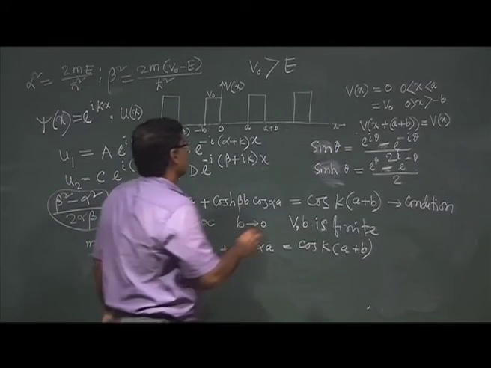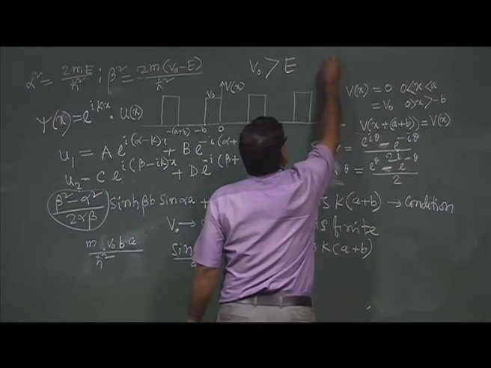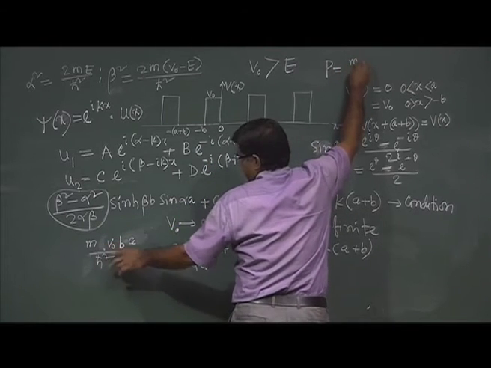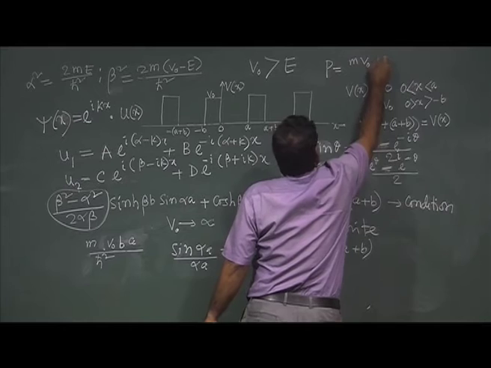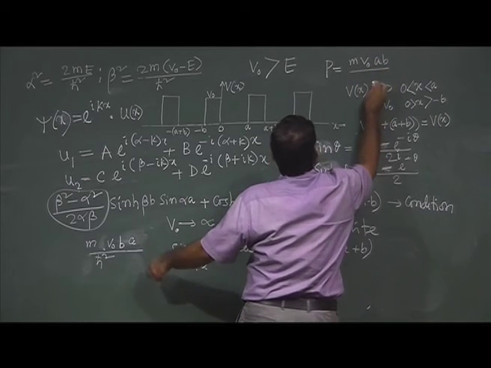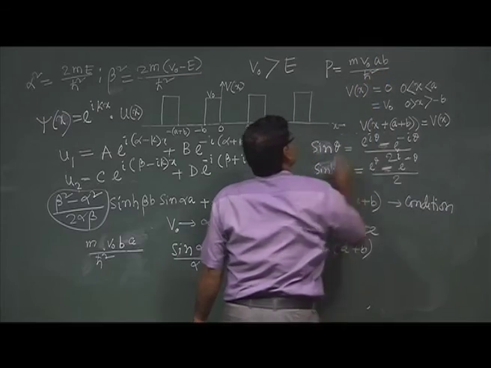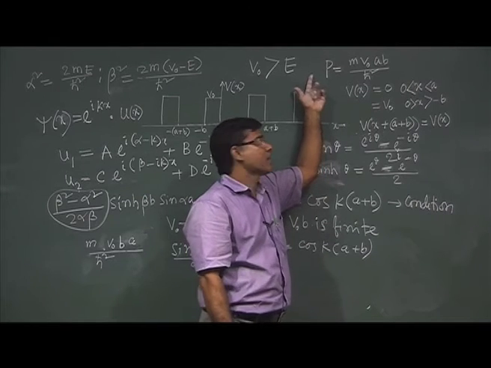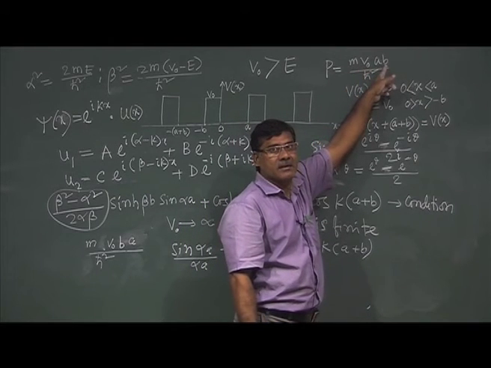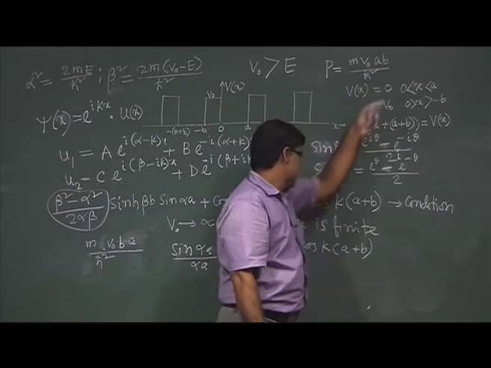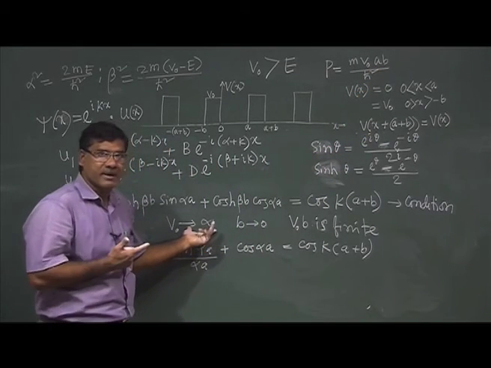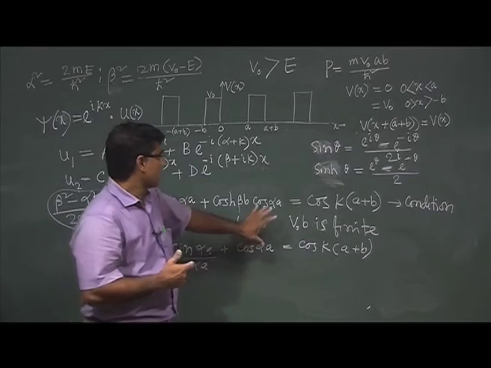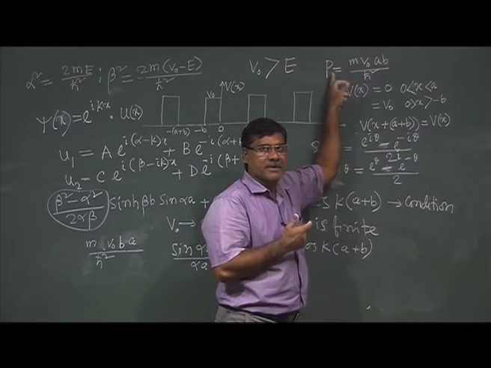So, this parameter is very important, because here V0 b is there, and the assumption we have made here is V tends to infinity, b tends to 0, but V0 b is finite. Okay. So, we will see the effect of this parameter P.